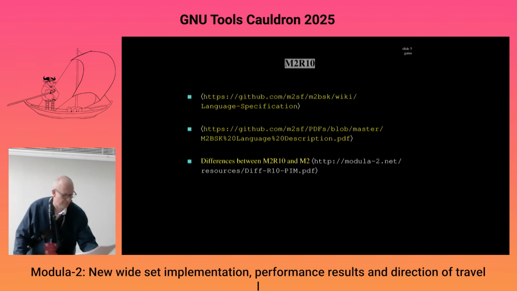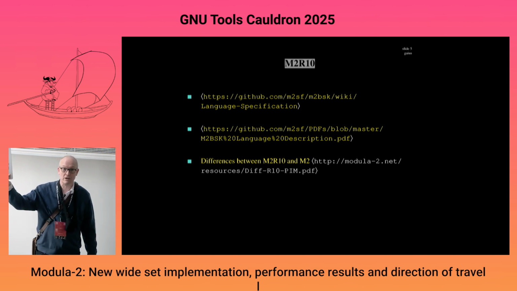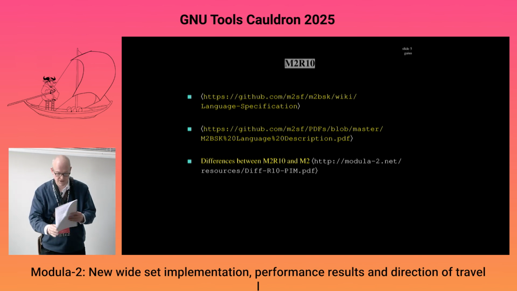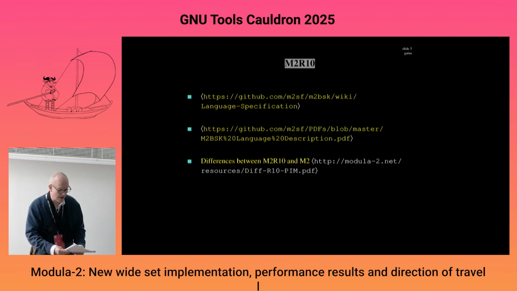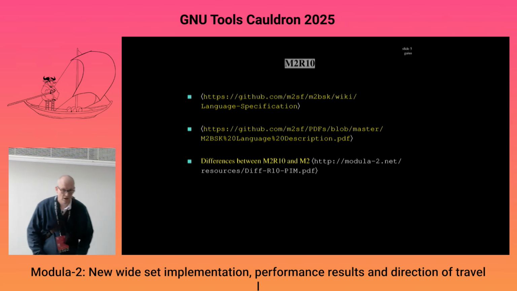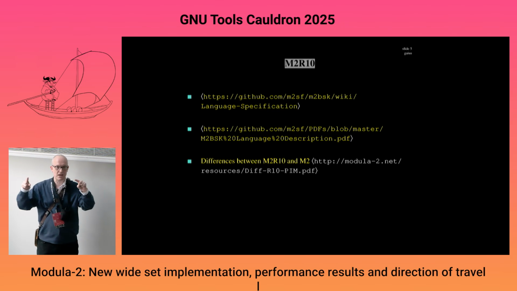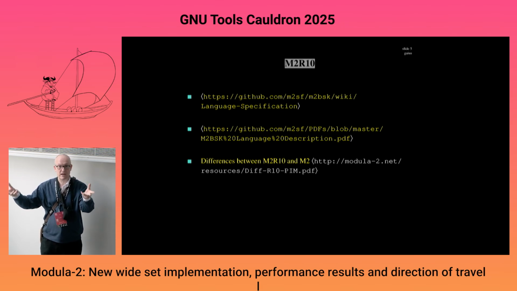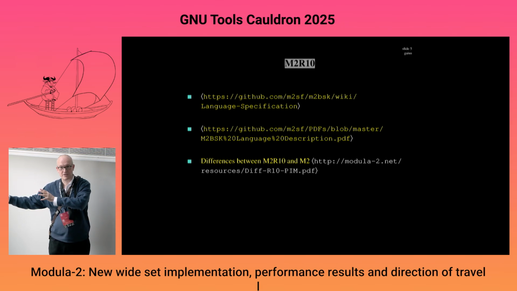Thankfully, this is where M2R10 comes in, because in M2R10 there's a section which defines pragmas. In the ISO standard, the pragma is an empty space. It defines an attribute and then says what's in the attribute is implementation defined.